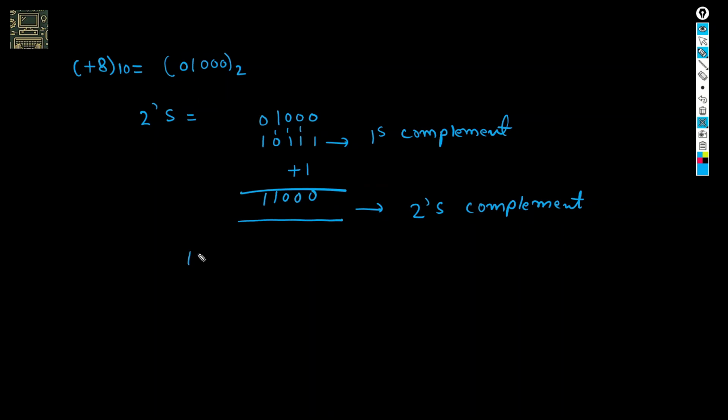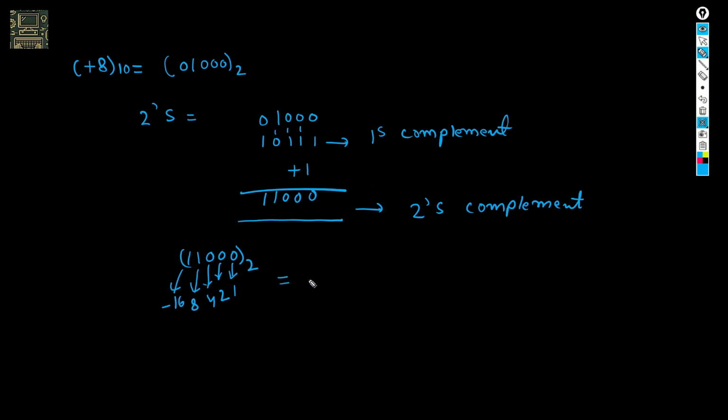So we will see what is the value of this. There is some particular number whose representation in 2's complement form is 1 1 0 0 0. So what is the value in the decimal number system? We know that the weightage of this is 1, the weightage of this is 2, the weightage of this is 4, the weightage of this is 8, and the weightage of this is minus 16.